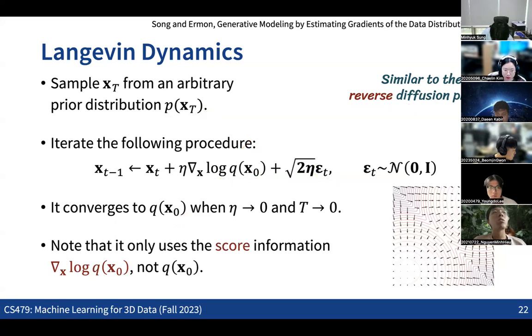The only information we need is the score information. If we can access only the score, then through this iterative process we can do data sampling. That's the basic idea of score-based models, and it is closely related to the reverse process that we have seen.